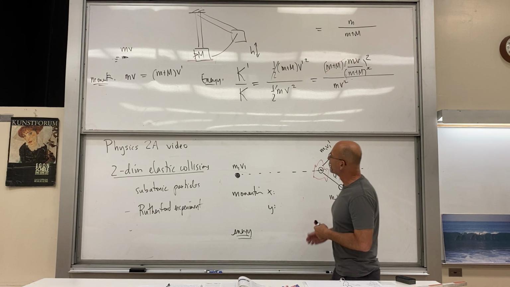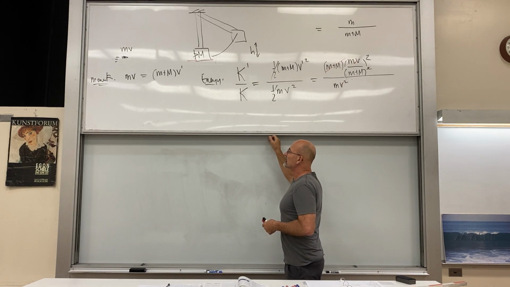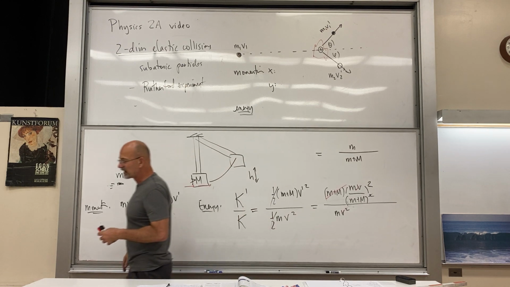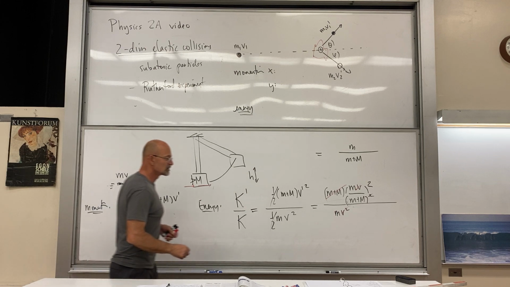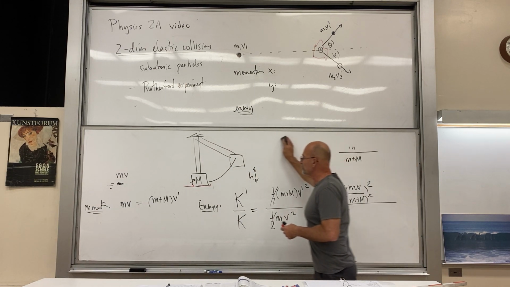So having said that, I'm going to assign one more interesting collision problem. Good, and then we'll call it a day. The next lecture we start out in chapter 7.